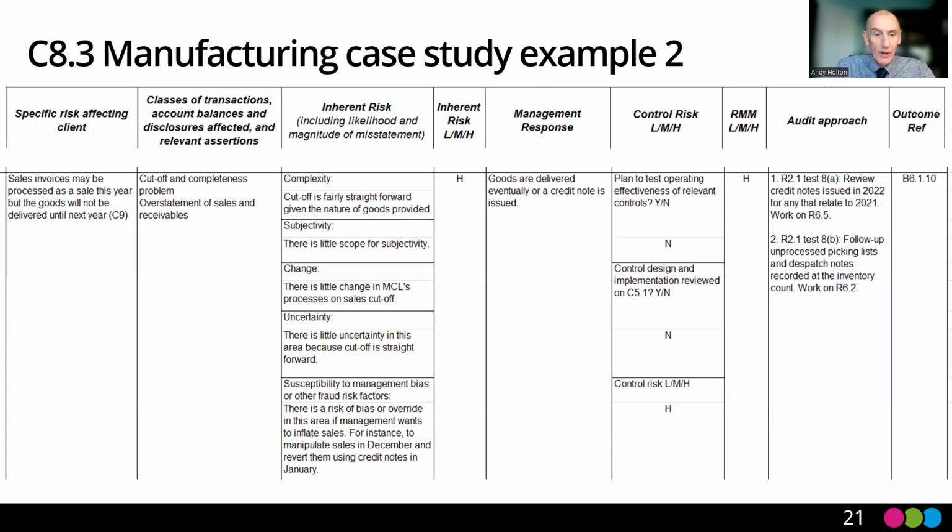But again, we've got that high risk of management override, and we are not relying on controls in this area. So that means that if we're not going to assess the control risk, then the inherent risk is automatically the risk of material misstatement. And again, we've set out our audit work in response to the cut-off risks.